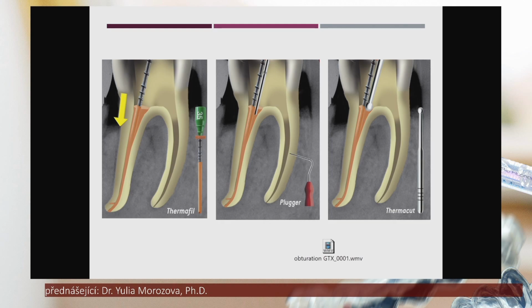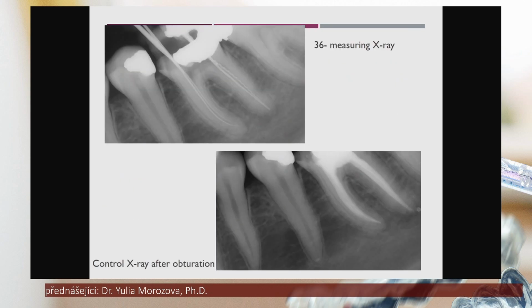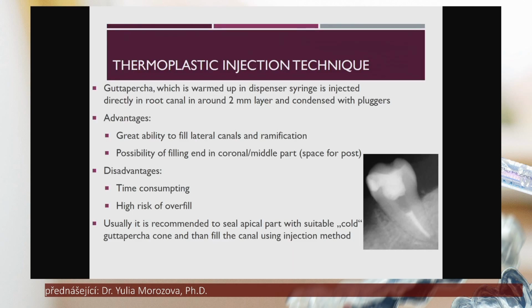Finally, we should provide vertical compaction using the plugger, and consequently we should make an X-ray photo and check it on the X-ray picture.